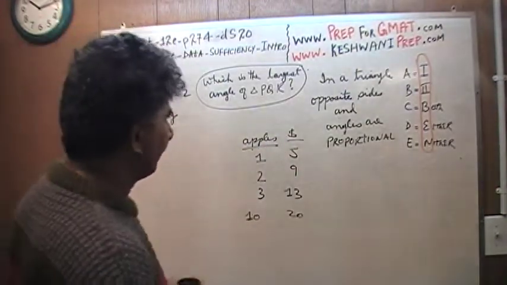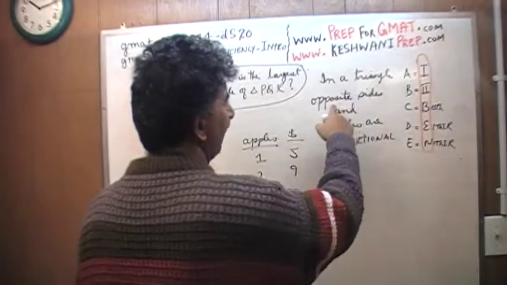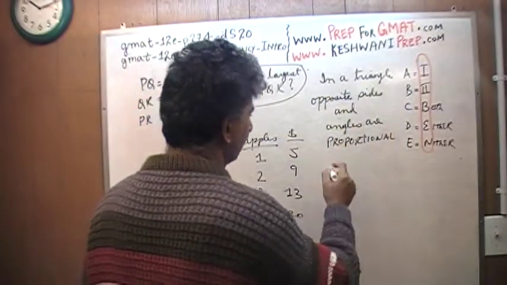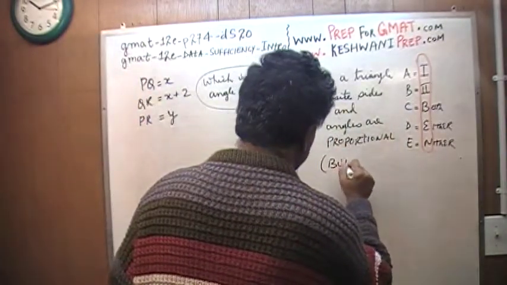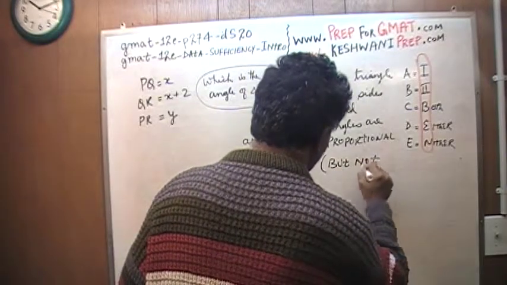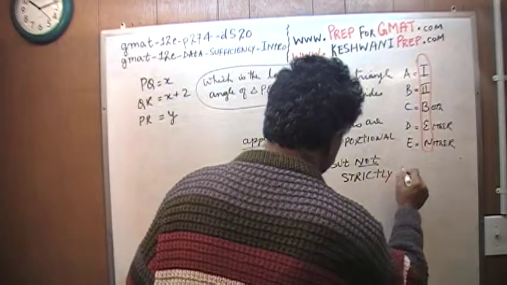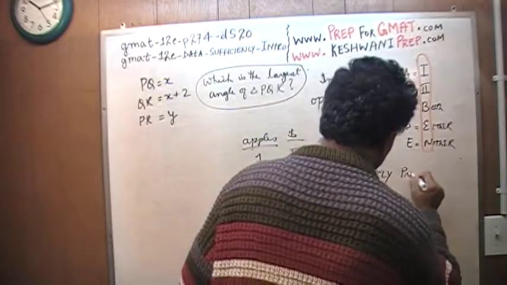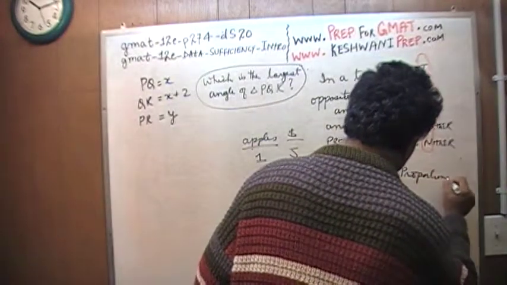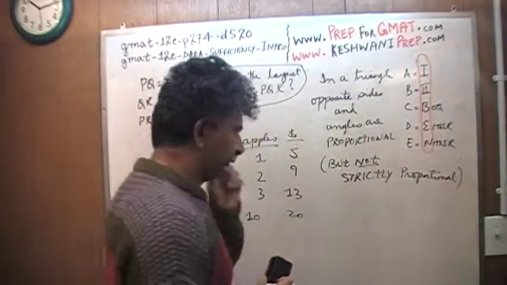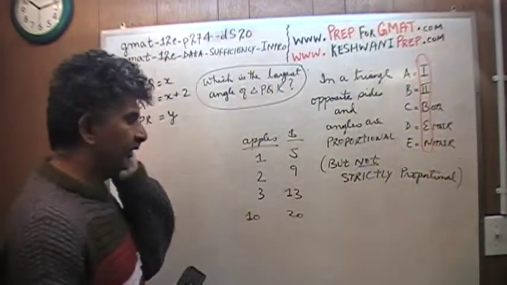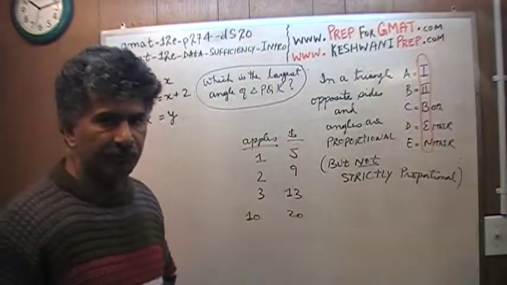What does strictly proportional mean? In a triangle, opposite sides and angles are proportional, but not strictly proportional. Let me give you an example of strict proportionality.